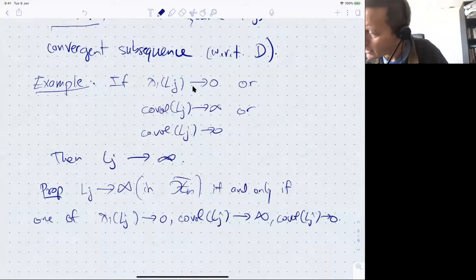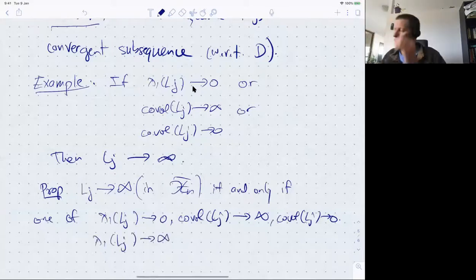I'm sorry, I should have also said lambda 1 of Lj goes to infinity. One of these four things happens.